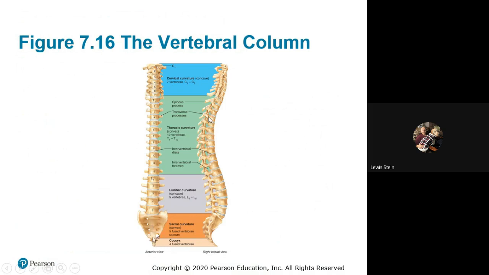But if you look at it from the side, you have the original curvature. Now we're looking at it this way. The sacrum and the thoracic area are curved the original way. They're called primary curvatures because they're convex looking from the side at the back and concave in the front.